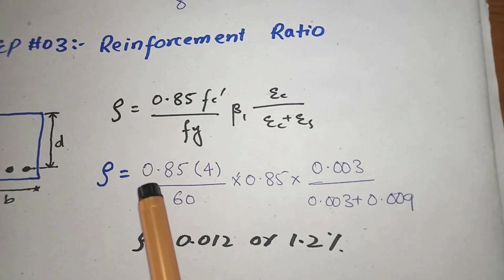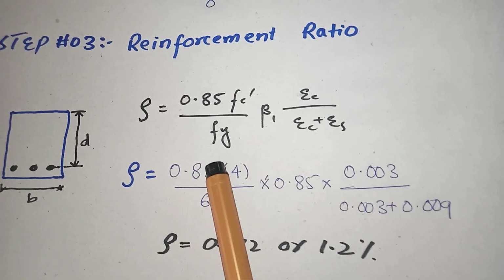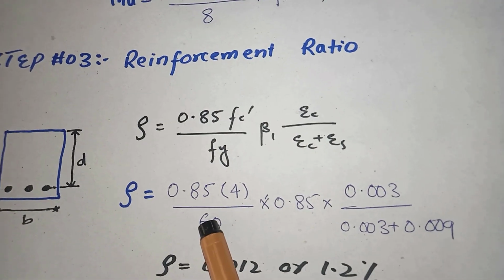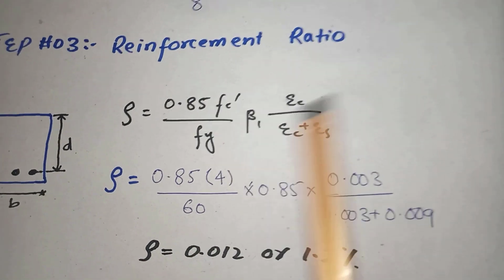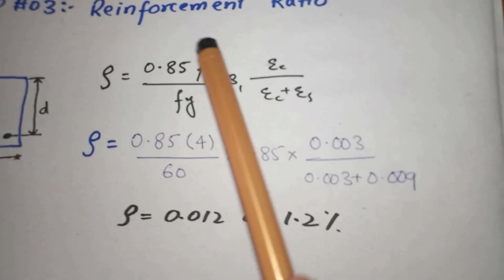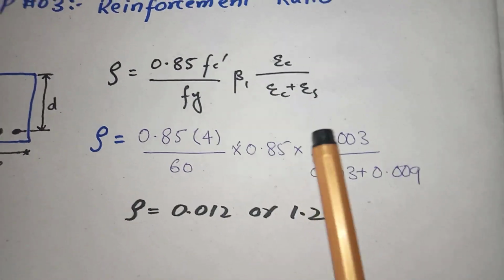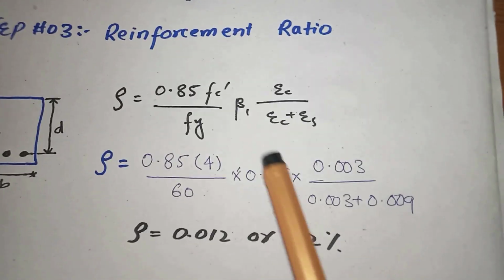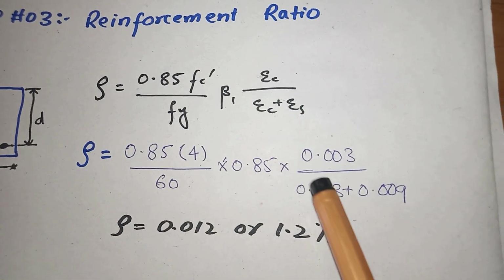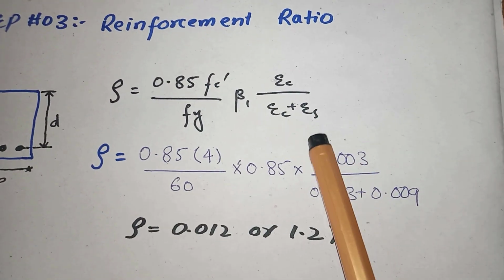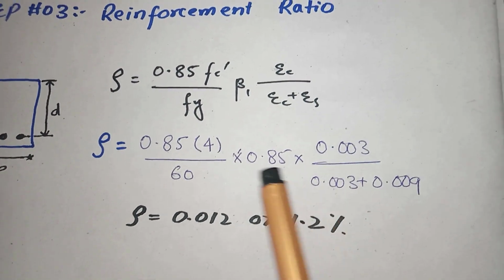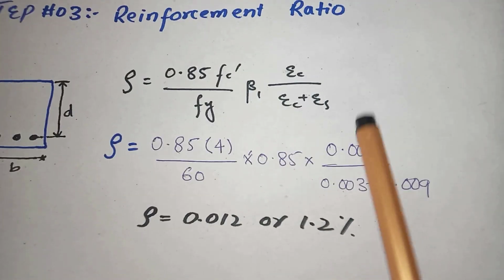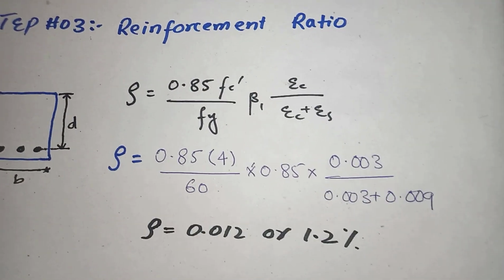Here we will just put those values. 0.85 Fc prime was 4 KSI, Fy was 60 KSI, and beta 1 is 0.85 for this 4 KSI value, and EC, the maximum strain for concrete, is 0.003. So EC is 0.003 plus 0.009 for ES, the strain of steel.